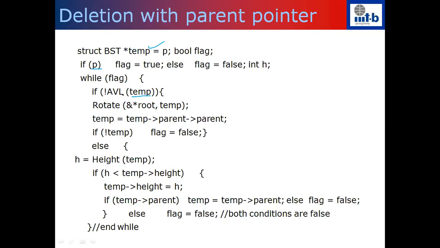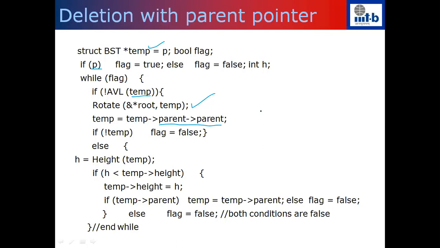Check if the AVL property is true. If the AVL property is violated, as we said earlier, we just do the rotation. Once you do the rotation, in the case of deletion, there may be multiple rotations required. Then you go to the parent node. But I have written parent of parent here, because after you do the rotation, this will not be the root of the subtree.